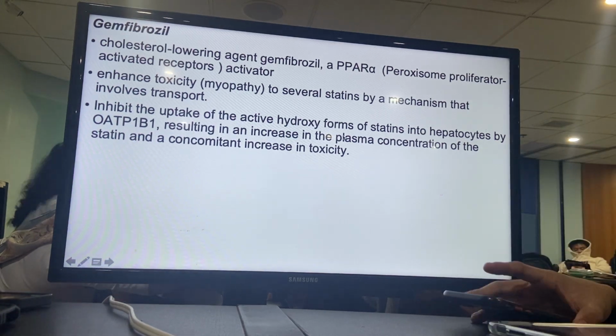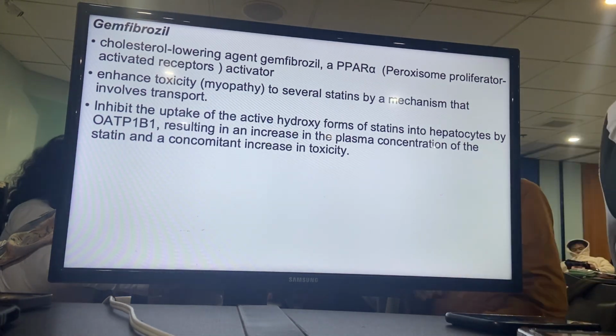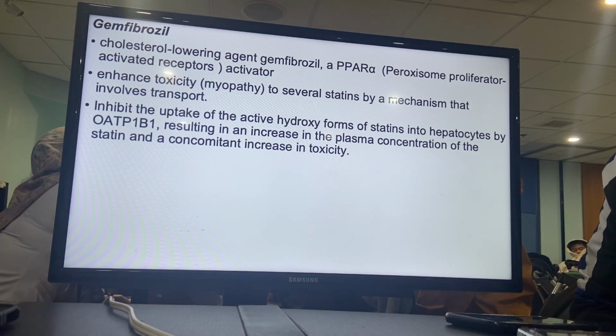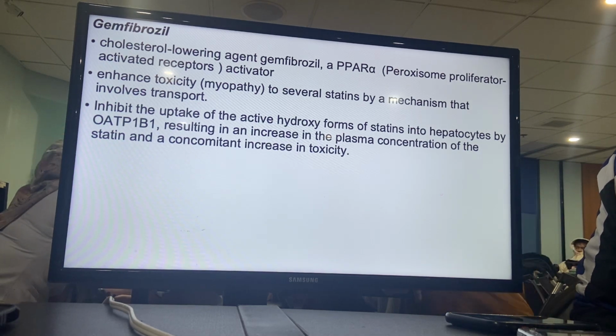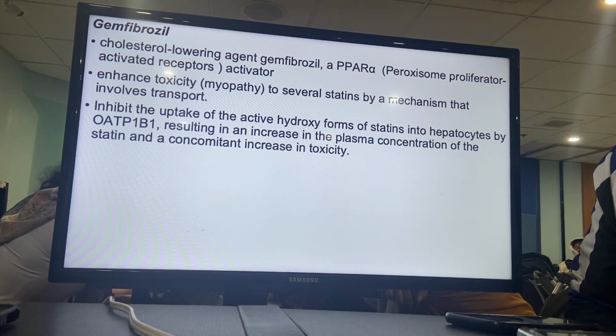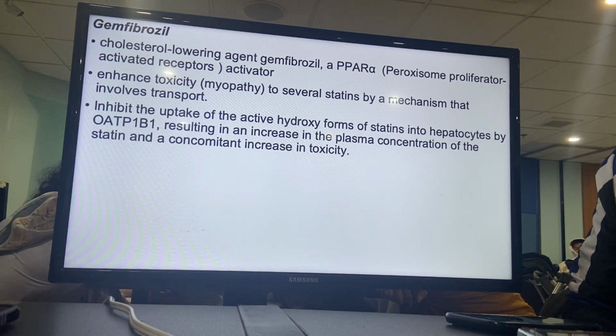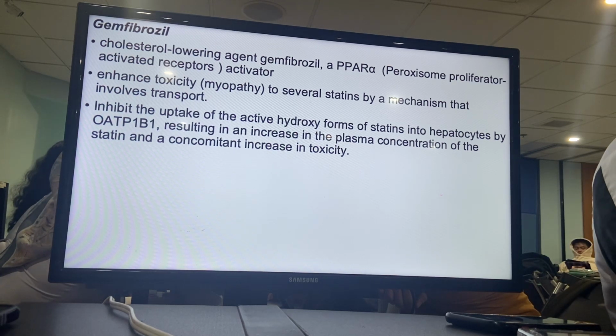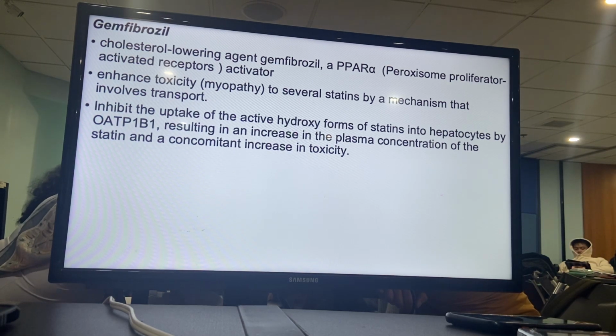So you increase the levels of your drug in the circulation, not in the liver. So statin plus gemfibrozil, a big no-no. And it doesn't make sense actually, because your statin is already a good anti-cholesterol drug. So that's one. The patient will definitely have myopathy.